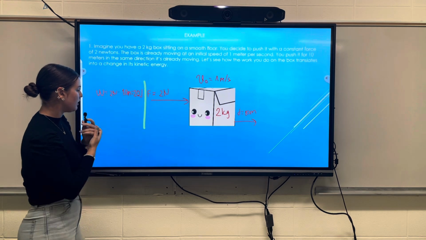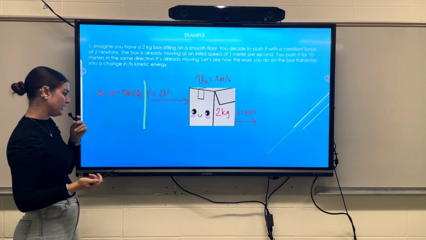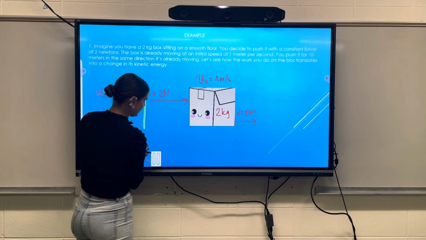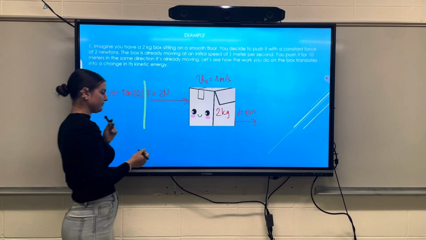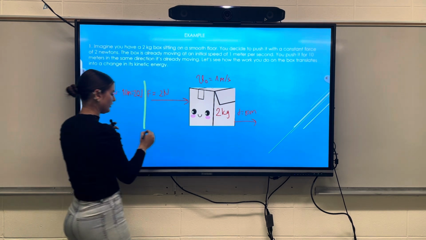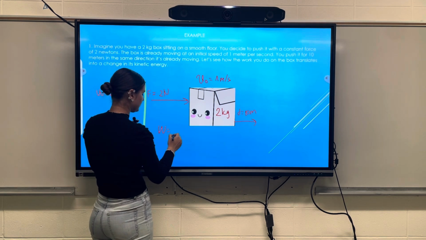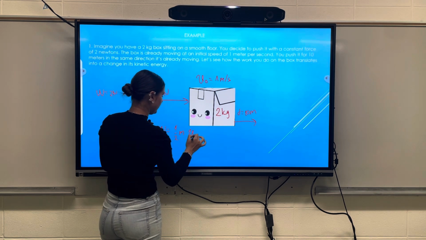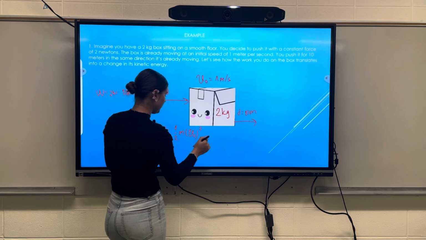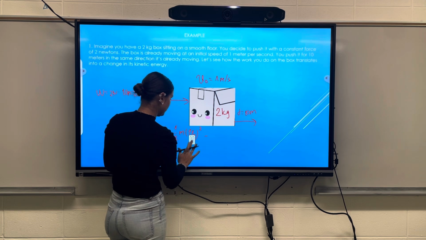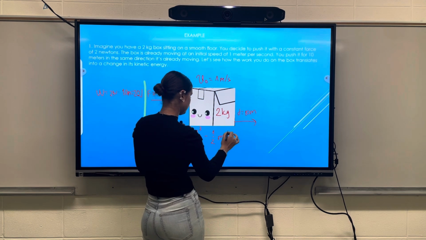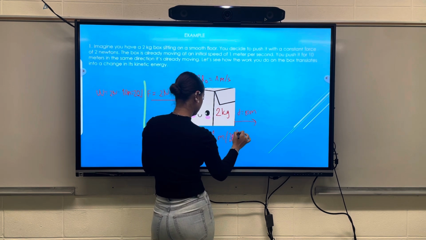Now let's see how we're going to find the kinetic energy. Let's talk about the formula for kinetic energy. Work equals 1 over 2 m v final squared, minus 1 over 2 m v0 squared.